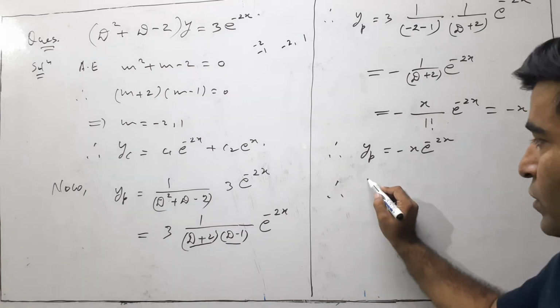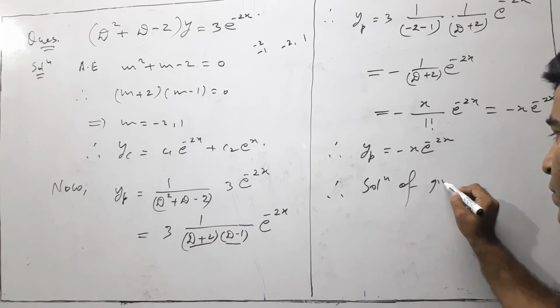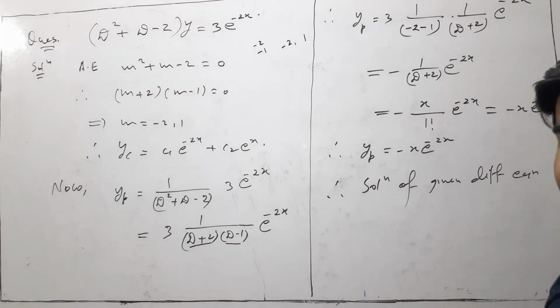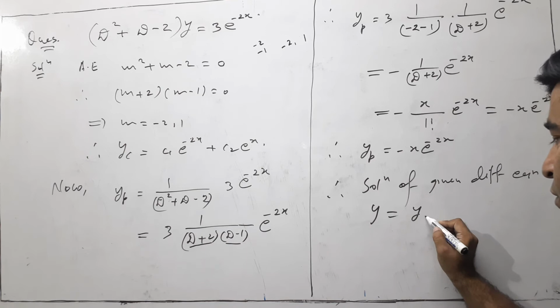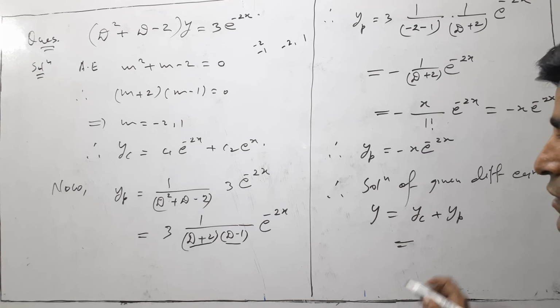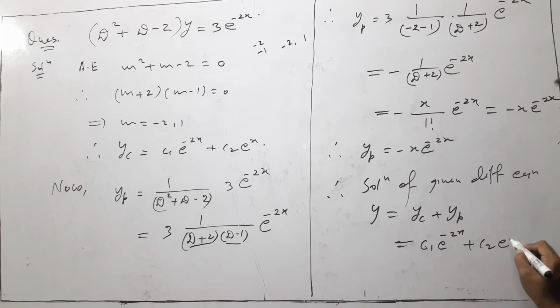Clear? So the solution of the given differential equation, the given differential equation is a non-homogeneous linear differential equation with constant coefficients of order 2. y is equal to yc plus yp, and yc is c1 e^(-2x) plus c2 e^x, and yp is minus x e^(-2x).